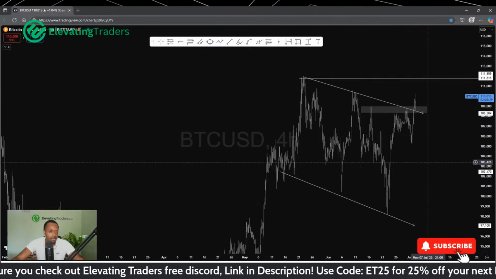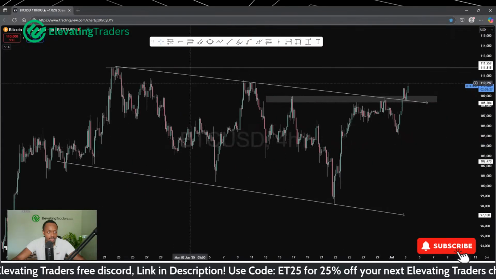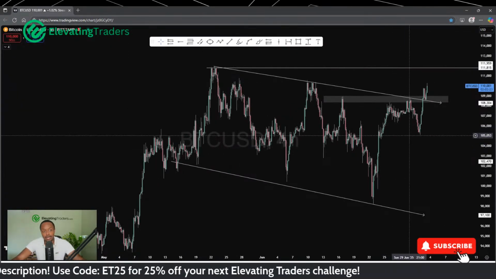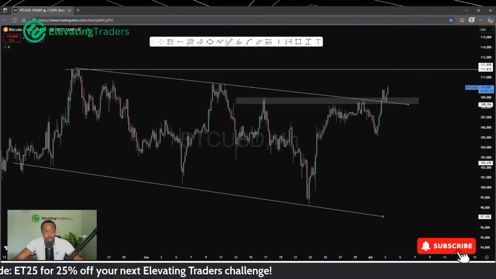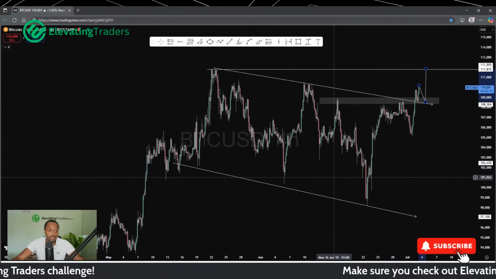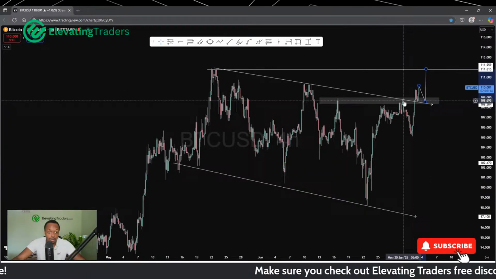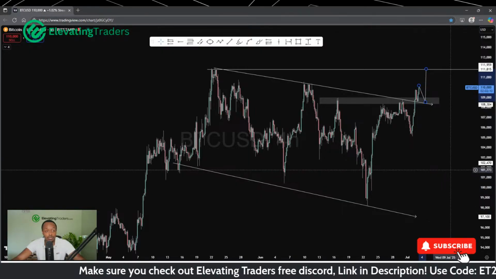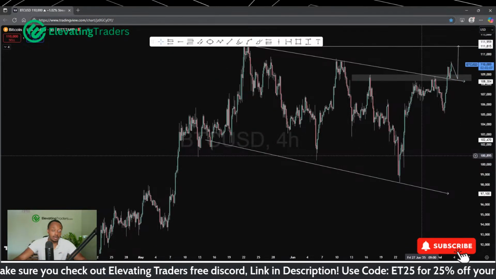I would expect at least a push back to highs, then we'll go from there. But yeah, very bullish. There might be some lower time frame opportunities if we can have another retest of the area. But BTC to me, after the failure to respect that level, things are looking pretty bullish, and I think we can see a push back to highs.